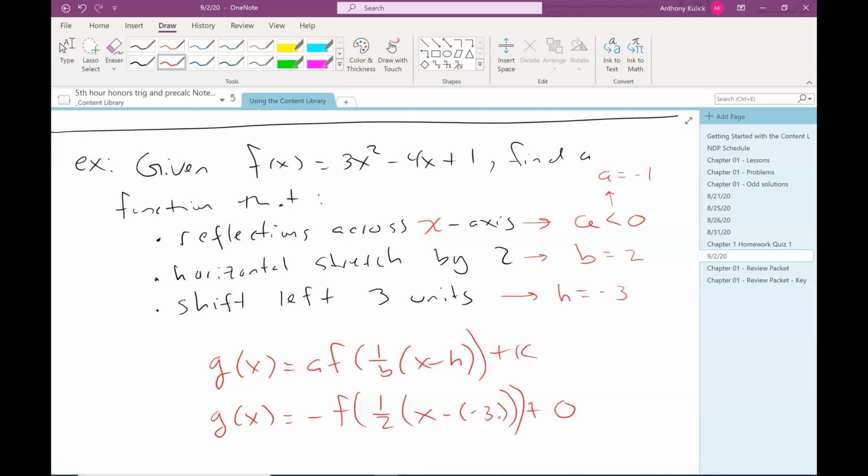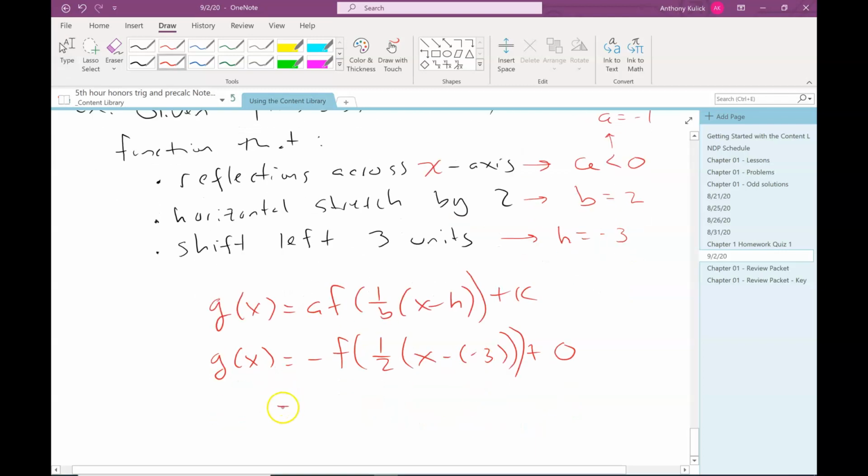Everybody's okay here? Okay. And I can clean that up a little bit by distributing the 1/2, and the negative of a negative makes a positive. Everybody's so far so good?